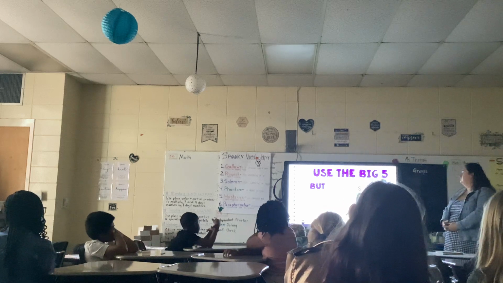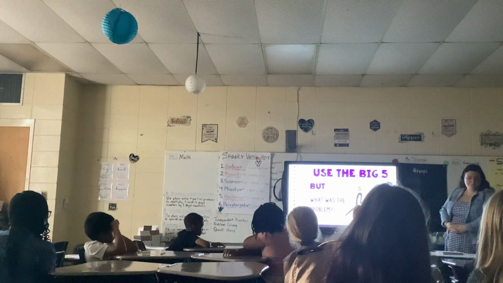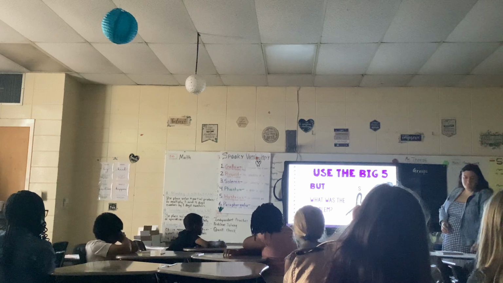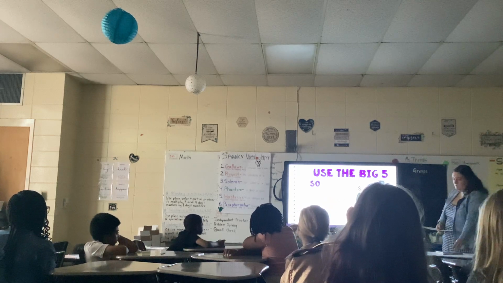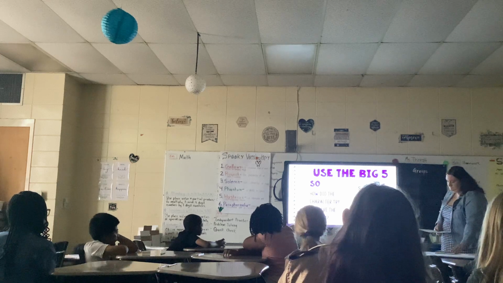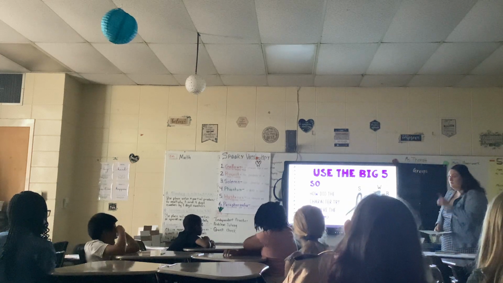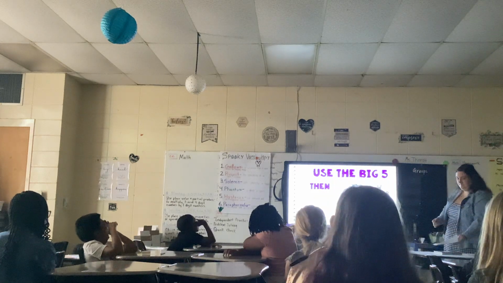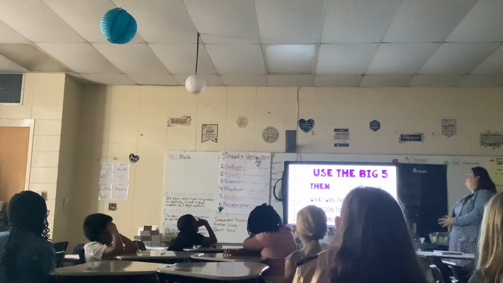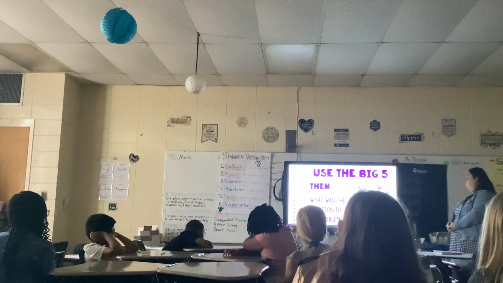Next, tell but. What was the problem or conflict in the story? Next, tell so. How did the character try to solve the problem? Finally, tell then. What was the solution to the problem?